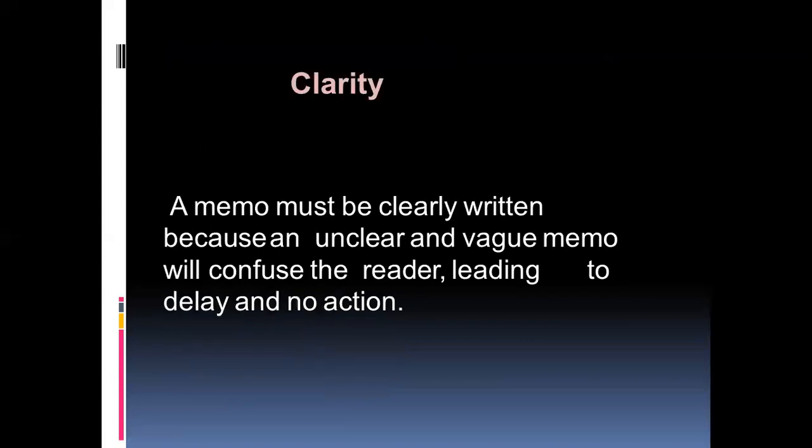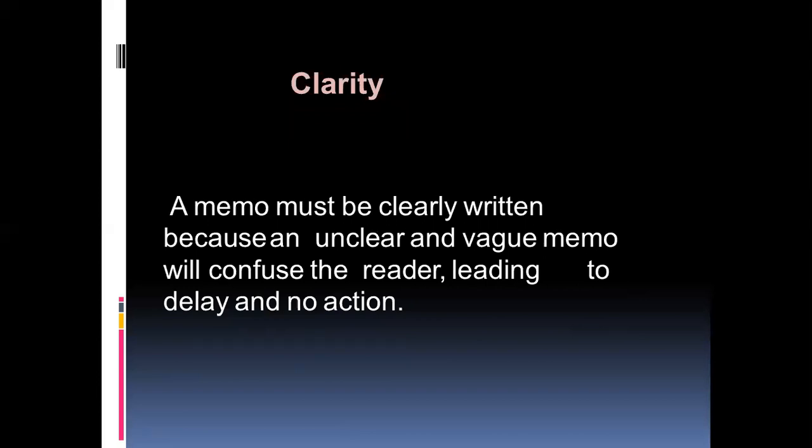Next, clarity. A memo must be clearly written because an unclear and vague memo will confuse the readers. It may lead them to delay, or they might not take any action. If they do not understand anything, they might not be able to work on it.